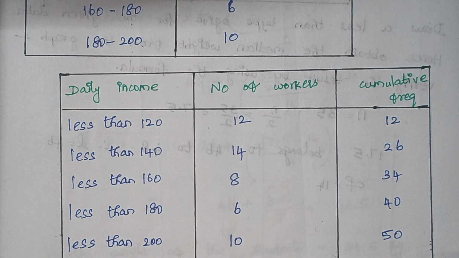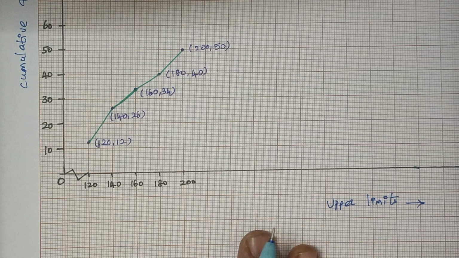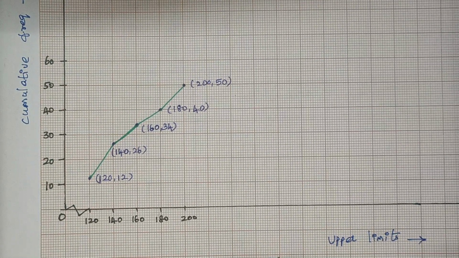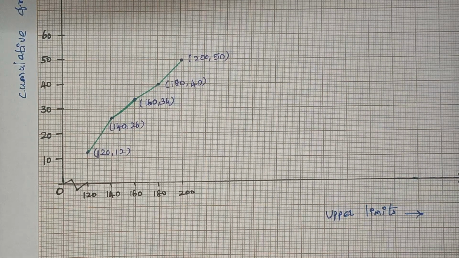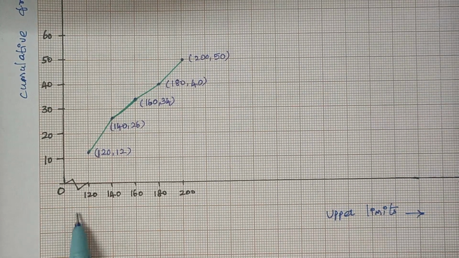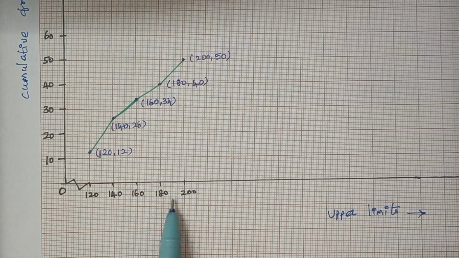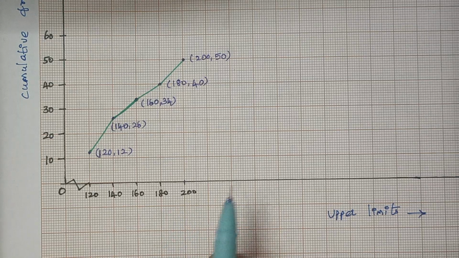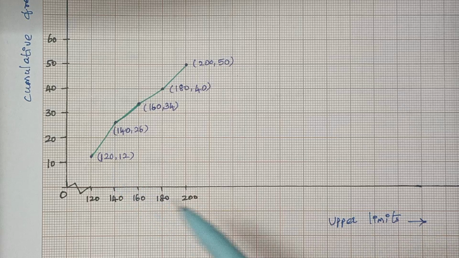In the graph sheet, the x-axis stands for upper limits and the y-axis stands for cumulative frequencies. We have noted the points, right? It starts from 120. I have started from 120, 140, 160, 180 and 200. And for the cumulative frequencies I have taken 10, 20 up to 60.